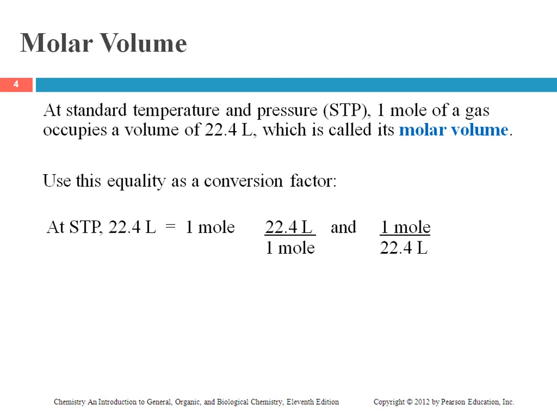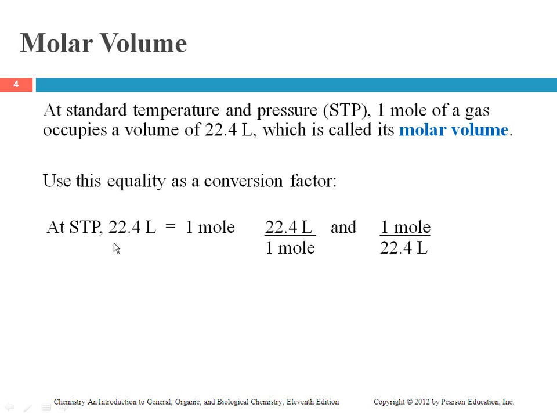But for gases, if you're at standard temperature and pressure, 1 mole of any gas, it has to be an ideal gas, but the gases that you will be looking at and studying are all ideal gases, occupies a volume of 22.4 liters. If we think about that, we can relate back to those basketballs. That's about 22.4 liters of gas in those 3 basketballs.